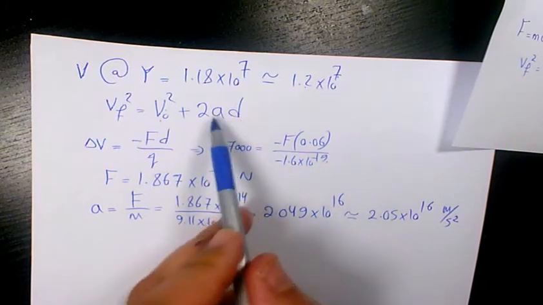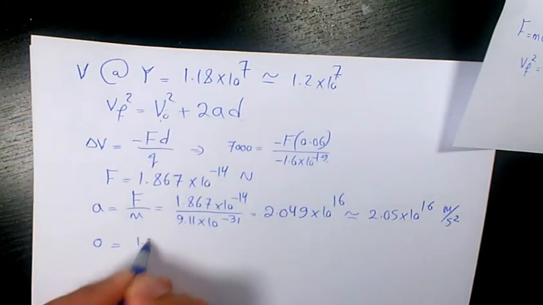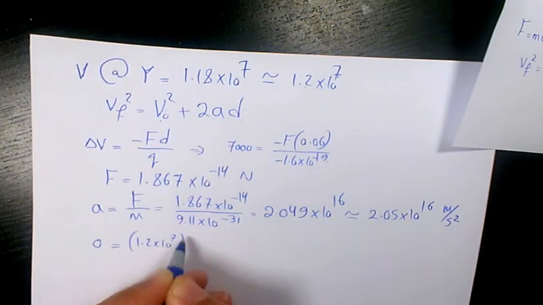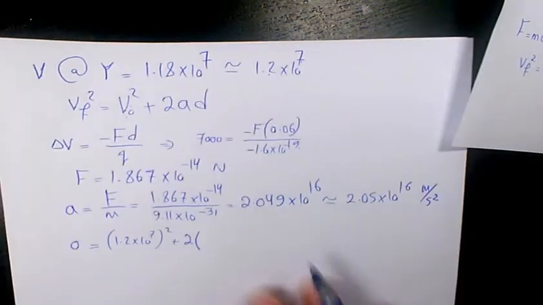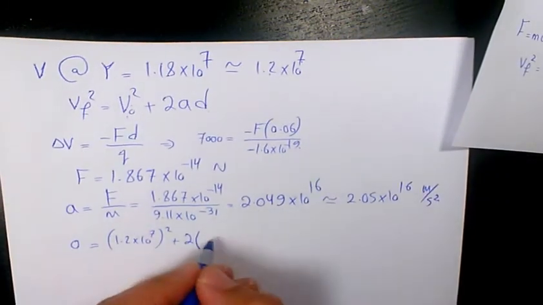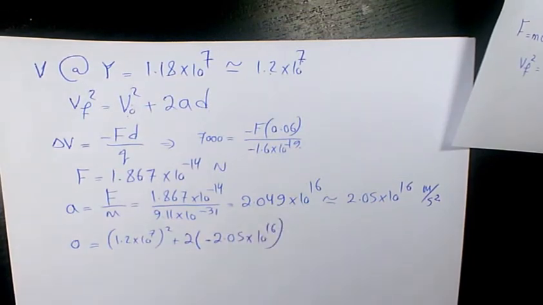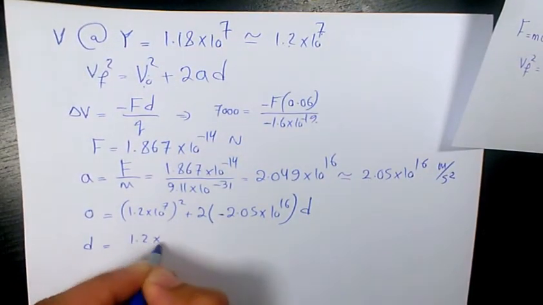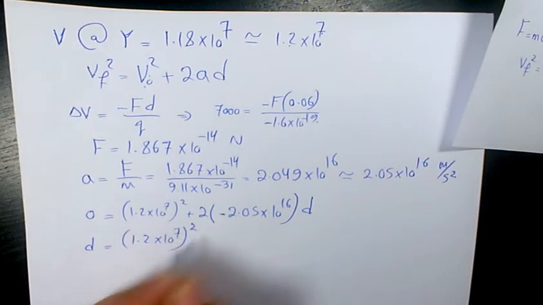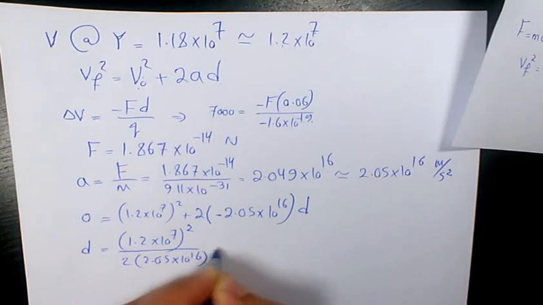Now we substitute it there. The final velocity is 0. The initial velocity was 1.2 times 10 to the power of 7, squared, plus 2 times, since it's decelerating, it's going to be negative, negative 2.05 times 10 to the power of 16 times D. So D equals 1.2 times 10 to the power of 7, squared, divided by 2 times 2.05 times 10 to the power of 16.